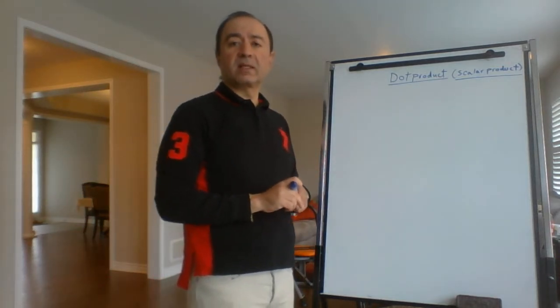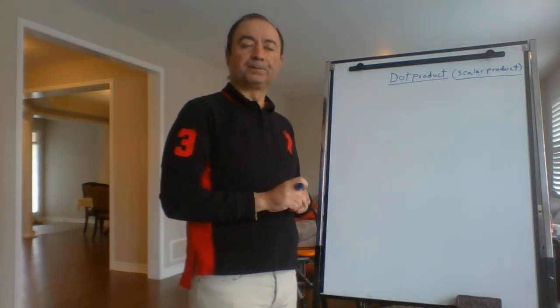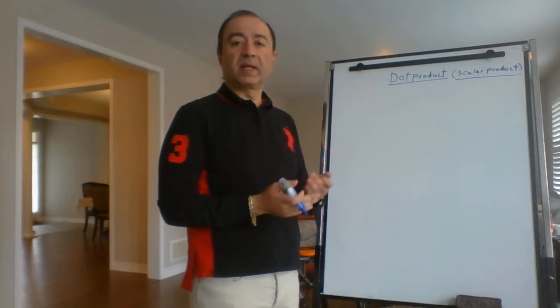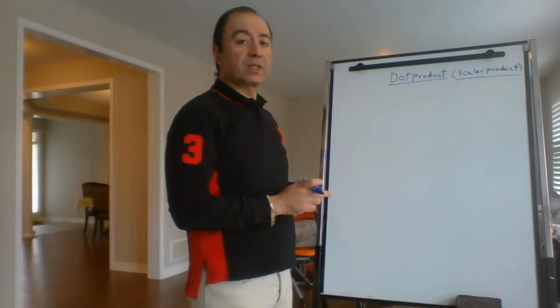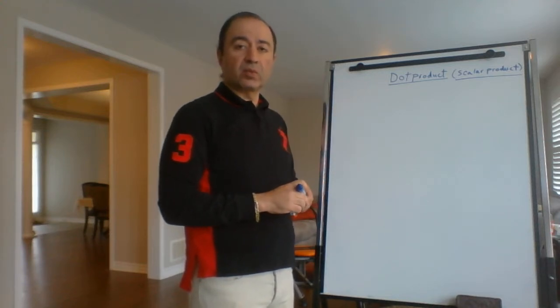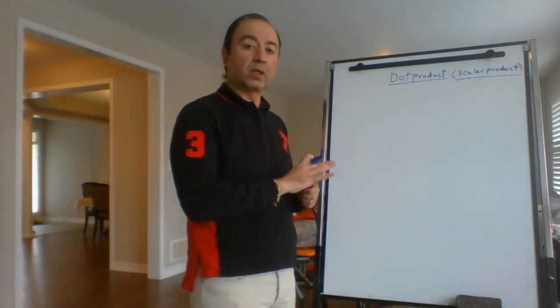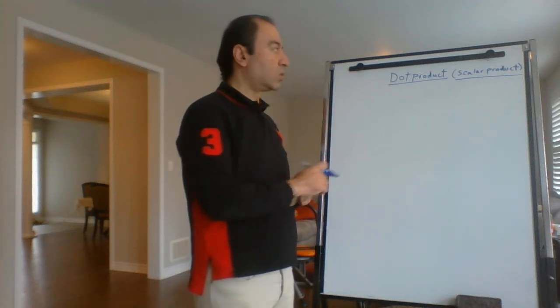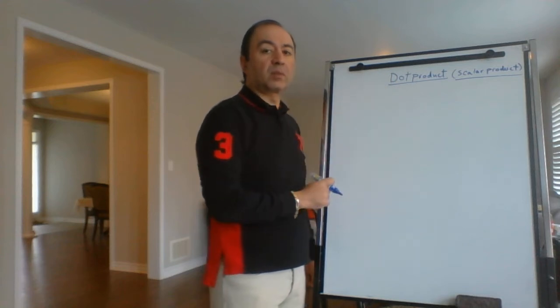Like numbers have some operations, like adding, subtracting, multiplying, dividing, vectors have operations as well, defined specially for vectors. One of those operations is what we are going to learn today, which is dot product.